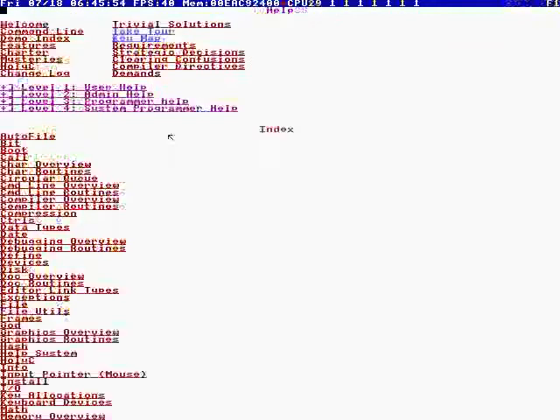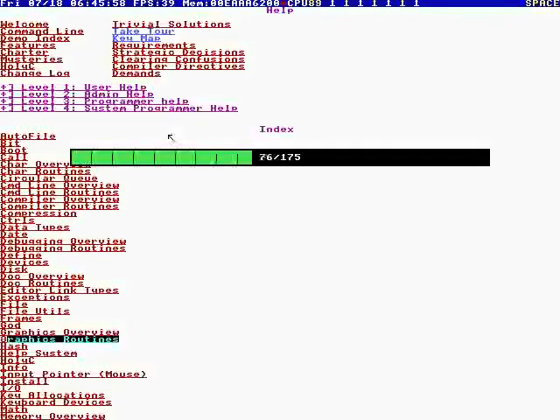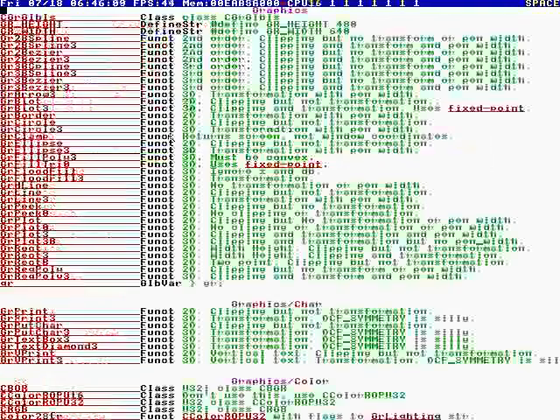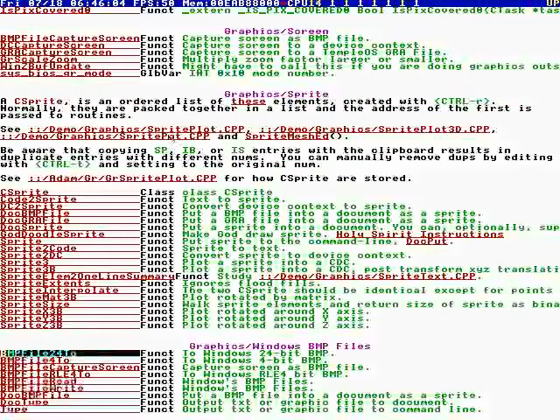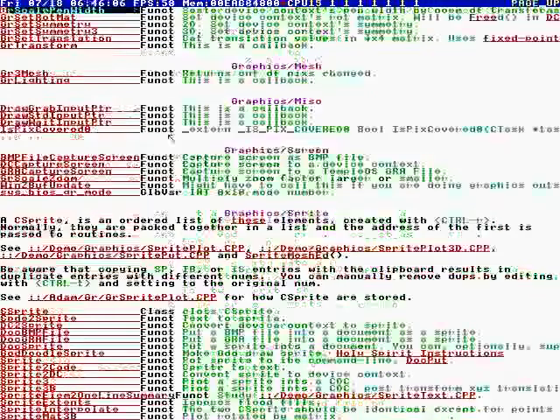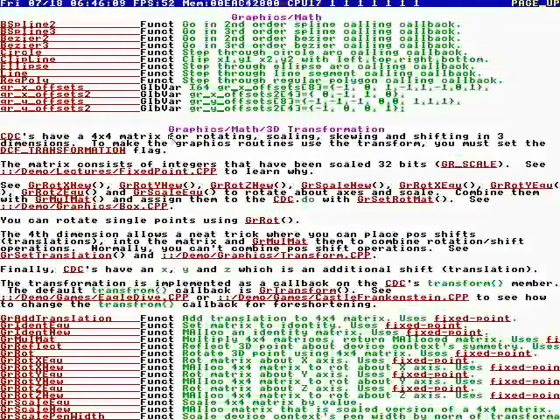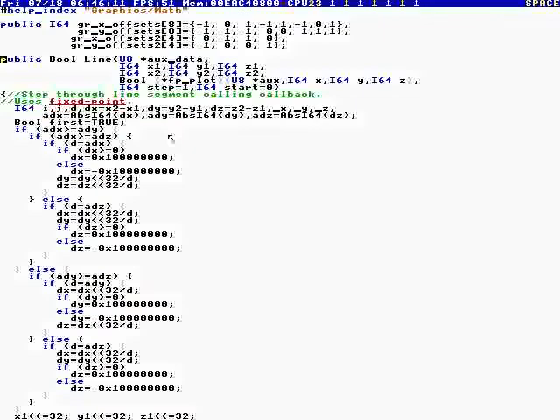Let's go to F1. So line drawing uses a generic algorithm.